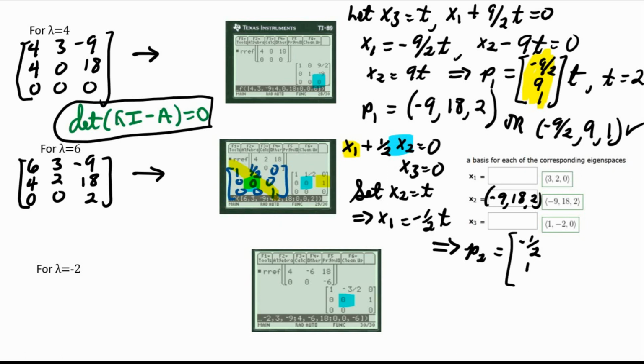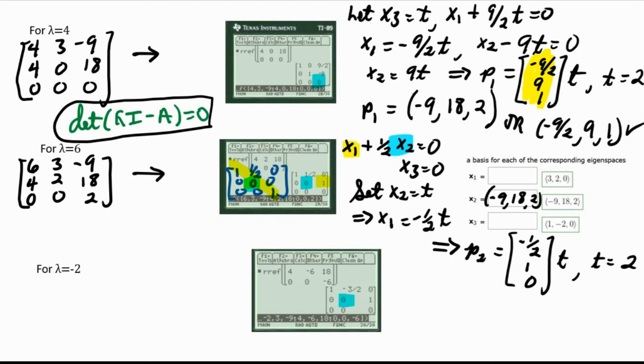X sub 2 is 1, and it's going to be times t, and then x sub 3 is 0. Again, here you can get rid of the fraction by letting t equal to 2, or if you want, they let it equal to -2. I'm just going to leave mine as 2, and that's fine.